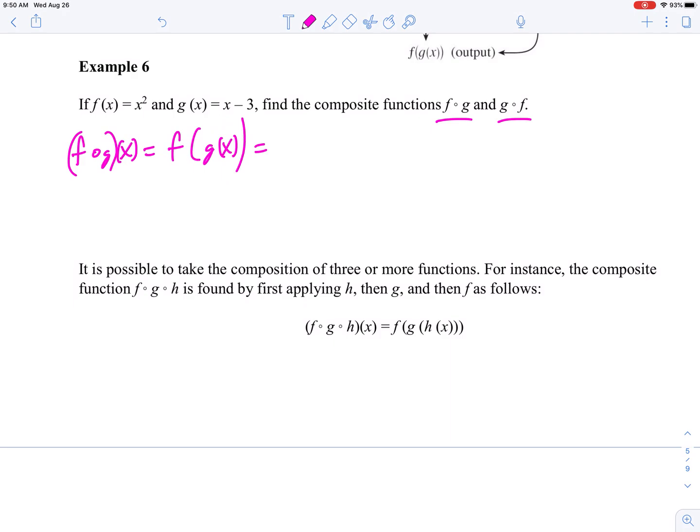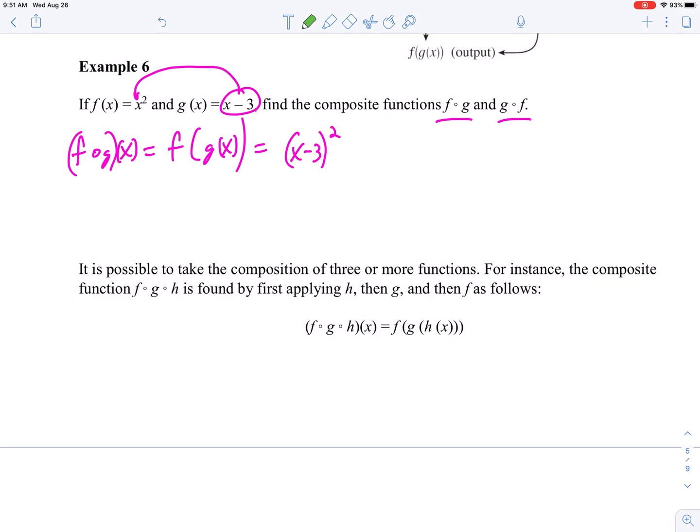The g function is x minus 3, so we plug it into x squared. But be careful, you need to have parentheses, because we're taking this g function and replacing the x with x minus 3. You could FOIL that out if you want, but it's not necessary.